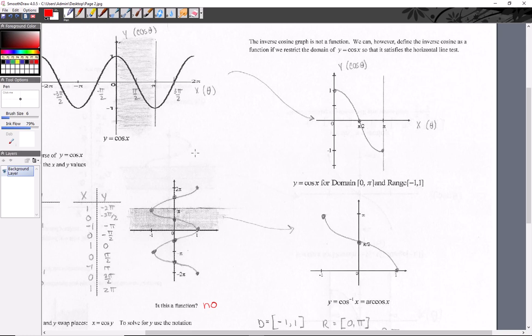So here, we're only doing from 0 to pi, and you start out 0 and 1, and then pi over 2 and 0, and then pi and negative 1. That's going to set up a domain of 0 to pi, and it's going to set up a range of negative 1 to 1.